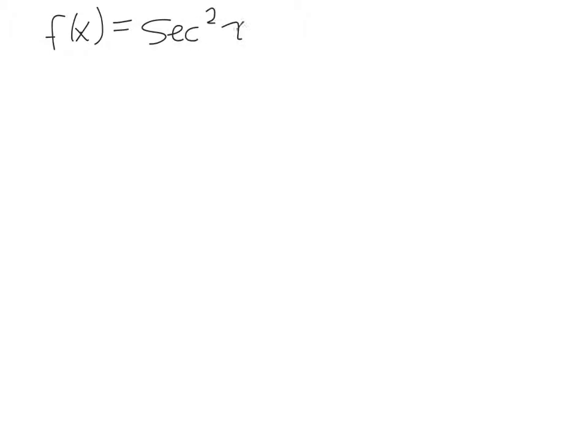Let's just say secant squared of x. Okay, remember what this means. This is the same as secant of x times itself. Okay, so if I write it out this way, that's what I would recommend.